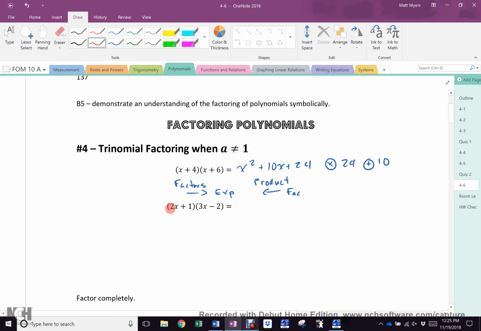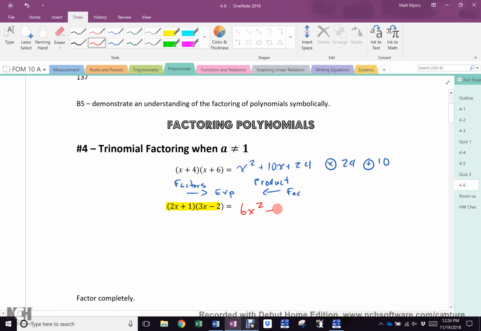What is that if I were to expand it? What will I get there if I expand it? 6x squared. Keep talking. Negative.